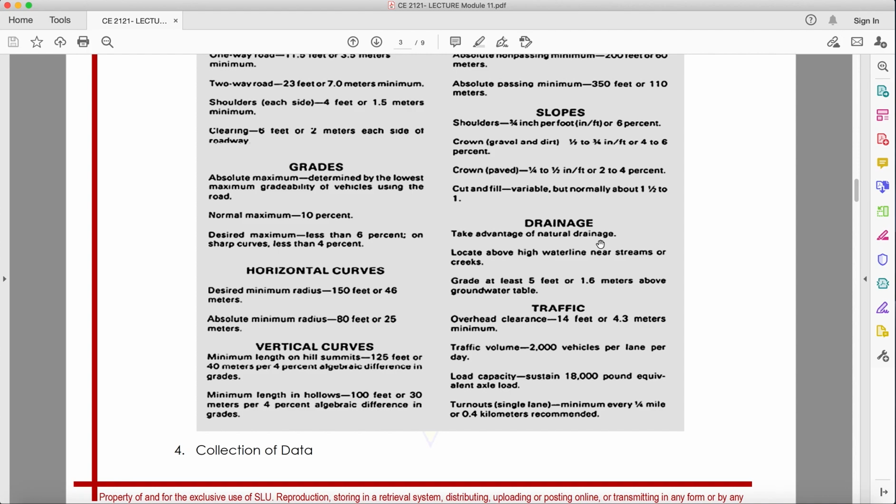So pag umulan, bumagyo, all the waters that are coming from upstream will go there. And of course, it is expected na tataas yung level of water, because that is a natural drainage. Okay, so sabi dito, take advantage of natural drainage. So if we're going to alter the natural drainage, it would be costly.